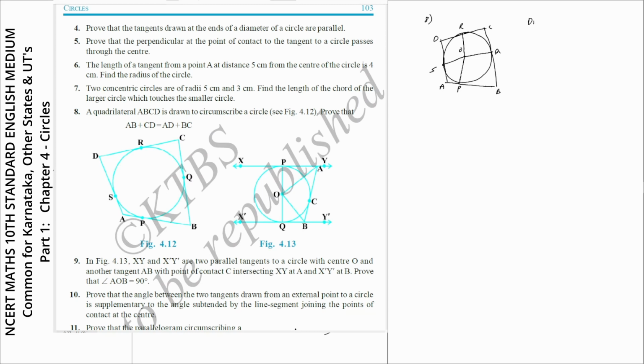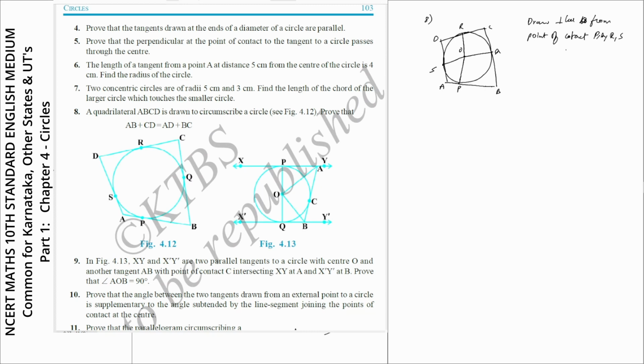So draw perpendicular from point of contact, that is P, Q, R and S. So they all will touch point O. Why?